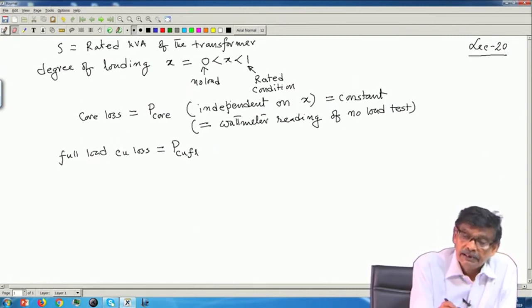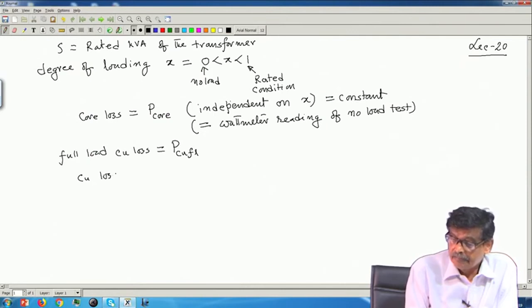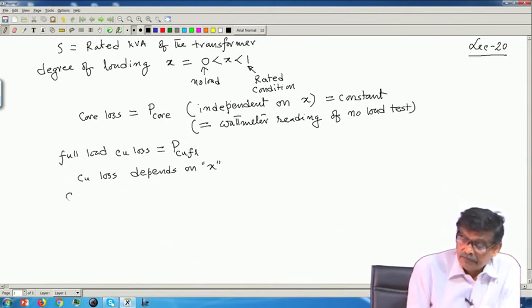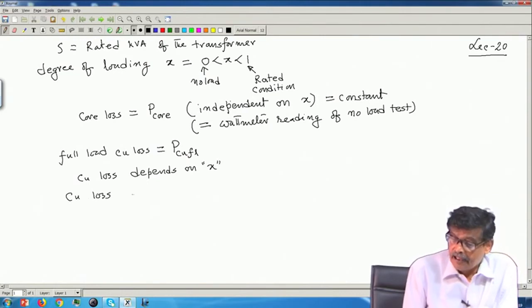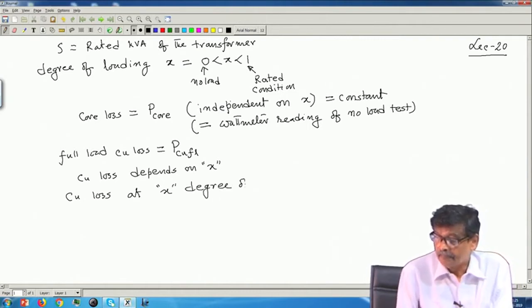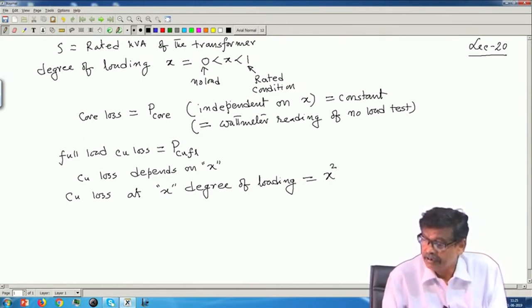Then I told you copper loss depends on x, the degree of loading, and therefore copper loss at x degree of loading, in terms of PCU full load, will be simply x square into PCU full load.